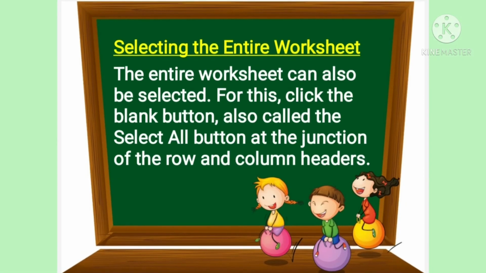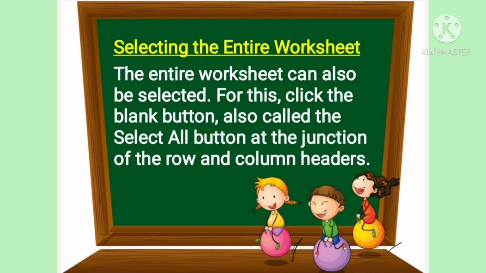Now let's see how we can select the entire worksheet. We can even select the entire worksheet. How can we do this? We have to click the blank button, also called the Select All button, at the junction of the row and the column headers.